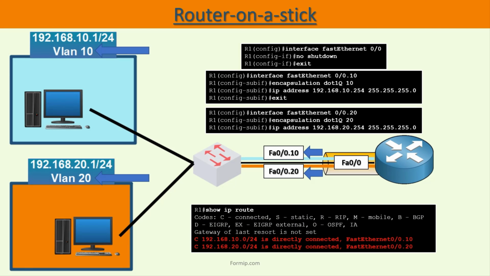We can see our two sub-interfaces being part of the two sub-networks. This allows the router to route between the two VLANs. That is, the VLAN 10 PCs can communicate with those of VLAN 20 through the router, provided, of course, that their gateways are properly configured.